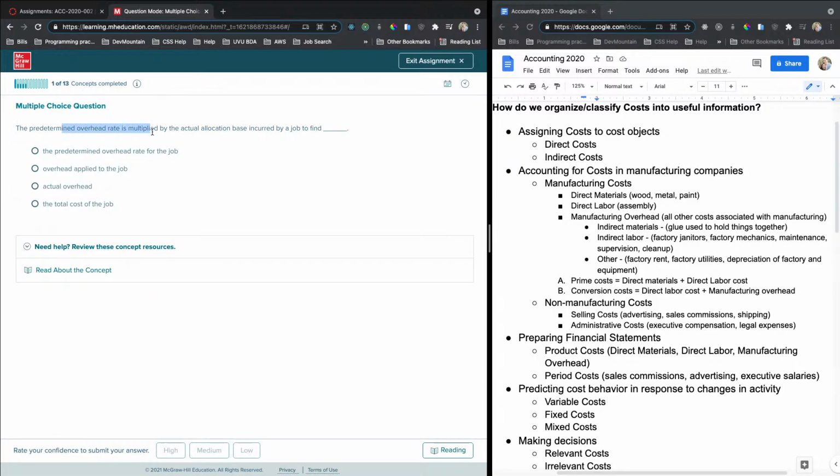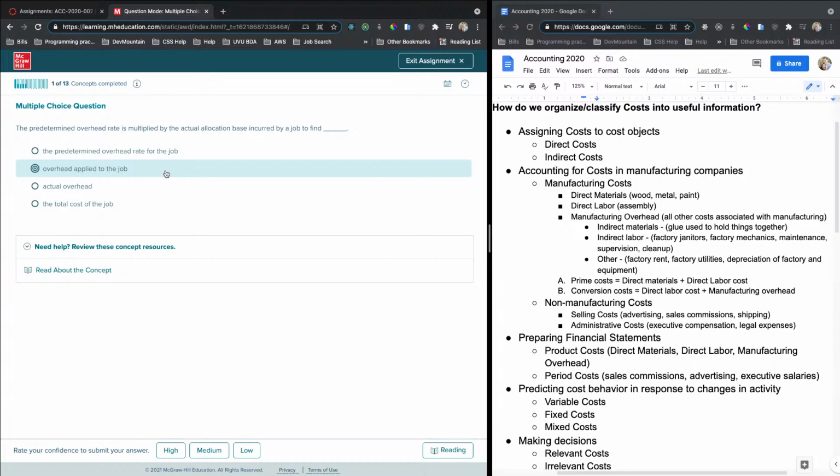The predetermined overhead rate is multiplied by the actual allocation base incurred by a job, defined. I don't know. So predetermined overhead rate multiplied by the actual allocation base would give you, because the equation we saw was predetermined overhead rate is equal to something divided by allocation base.